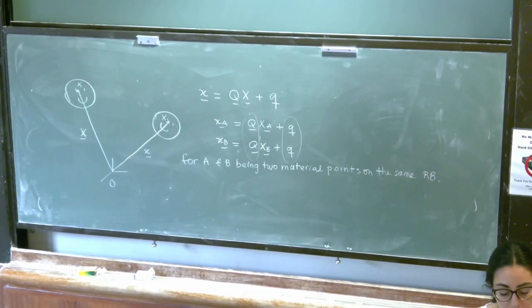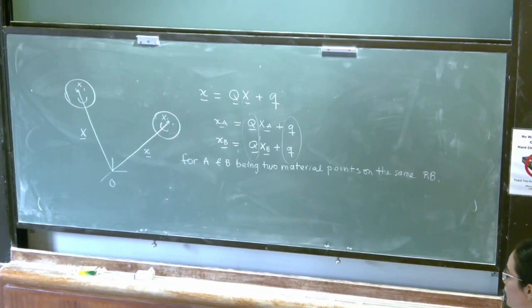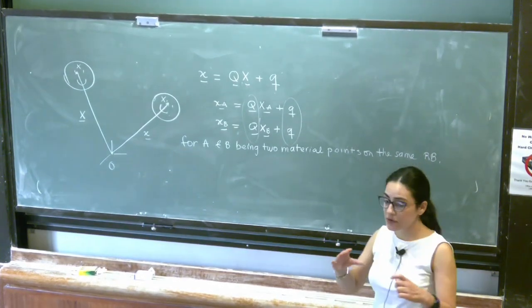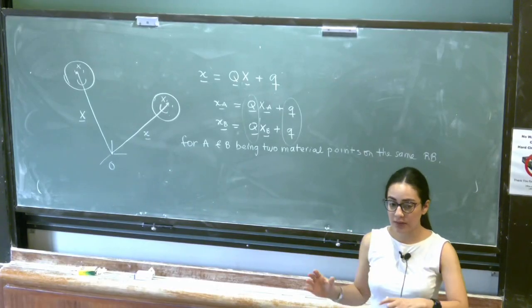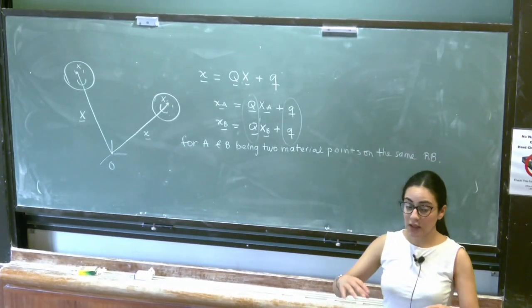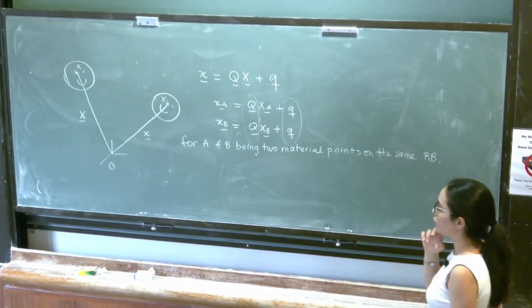So there's no relative rotation or relative translation between points on the same rigid body. So yes, indeed, one rigid body has one rotation tensor and one translation vector, which is a function of time only and not a function of the specific material point or the specific location on the rigid body.